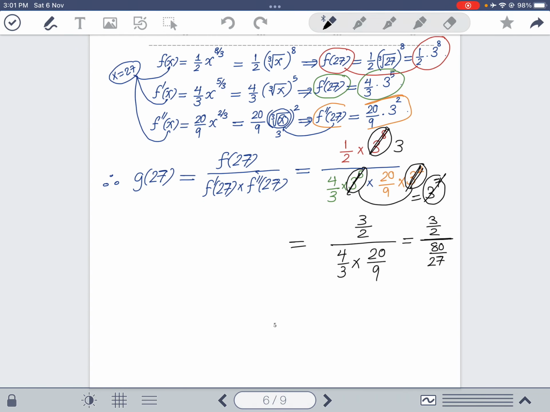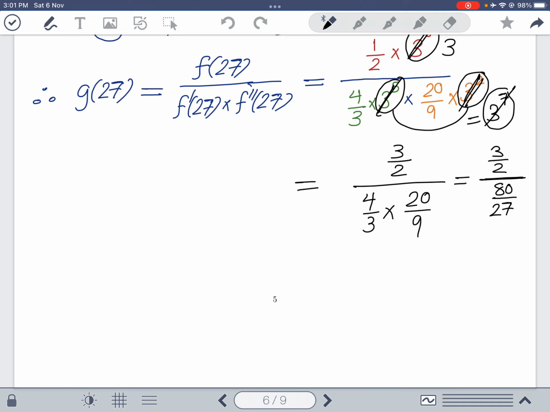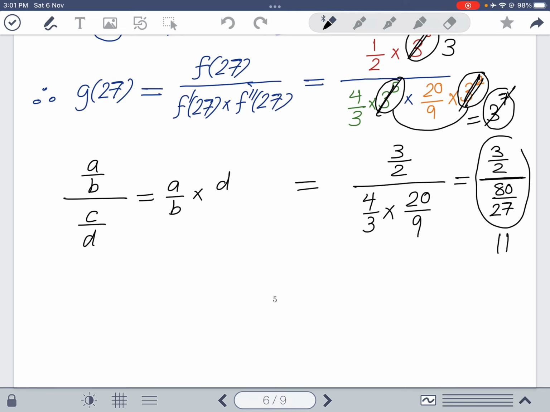And if you remember, now I want to evaluate this. So remember, if you have a over b divided by c over d, this is the same as a over b times the reciprocal of c over d, so d over c. So this becomes AD over BC.